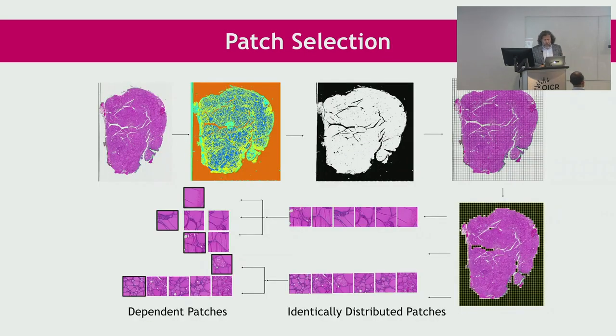Then you do your patch selection. You go through some sort of classical segmentation, you impose a grid on the image, you break it down into patches, and then you select the dependent patches, the patches that mean something. You have to recognize redundancy and variability. You say, it seems this pattern is repetitive, so whatever is everywhere is probably benign.